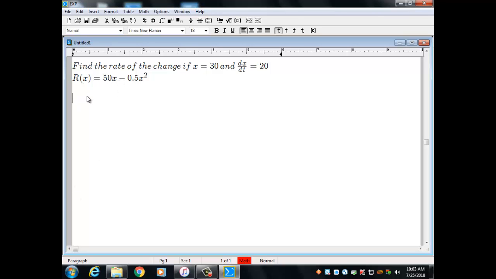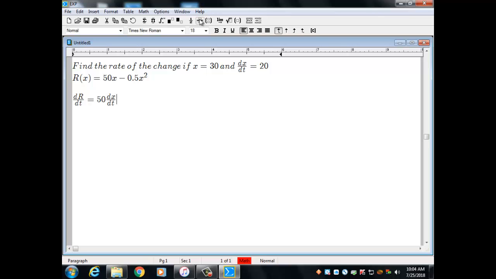So you're going to get dr/dt equals the derivative of this piece with respect to t, which is going to be 50 dx/dt. All right, so it's going to be 50 dx/dt.